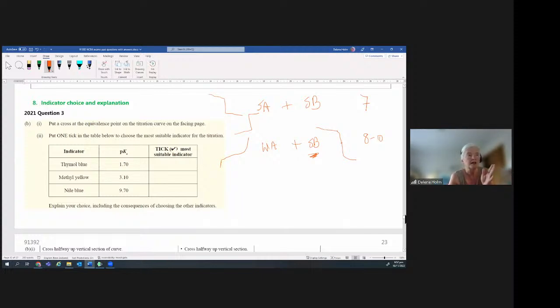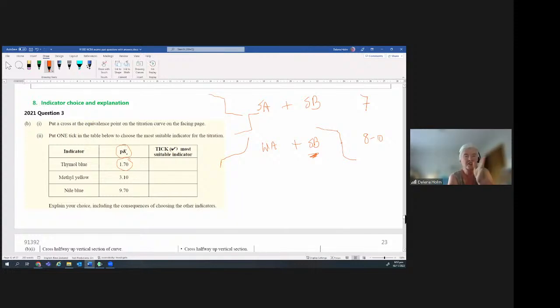The way we know which one to choose is you need to work out from the pKa, because that gives you like half. So this has what you would use in a titration, where the equivalence point is within 1 pH unit of 1.7. We say within 1 pH unit simply because that's what our eye registers.